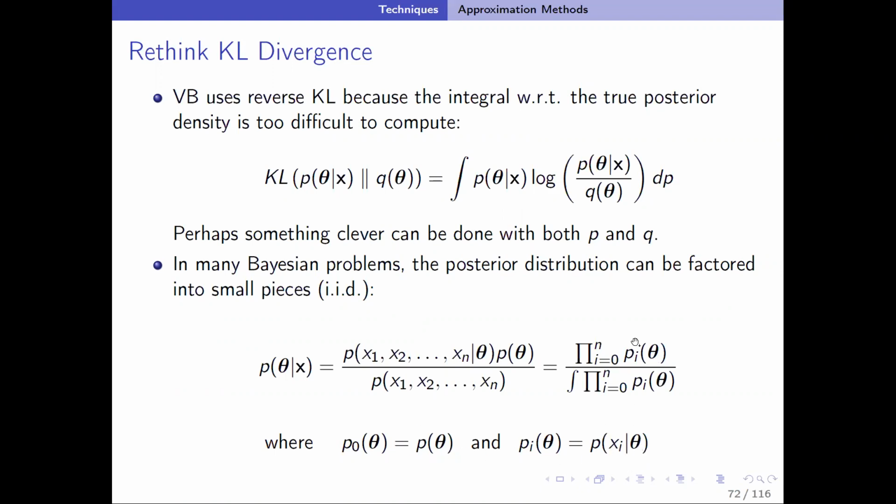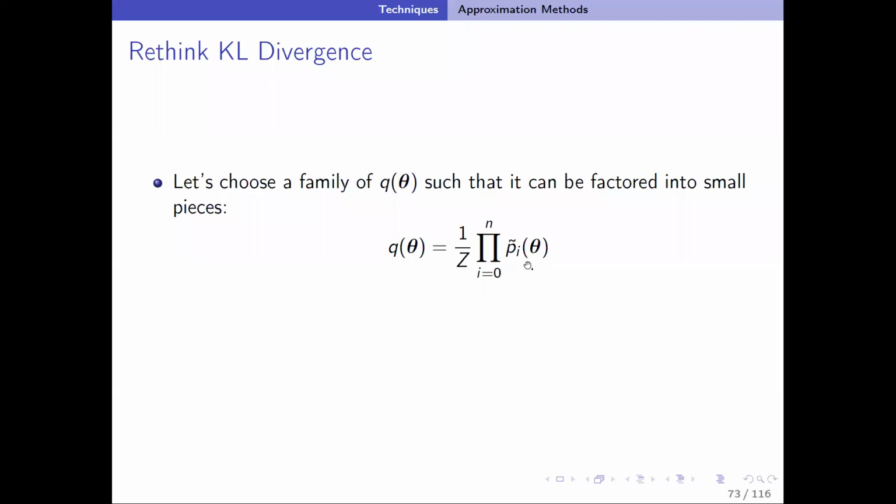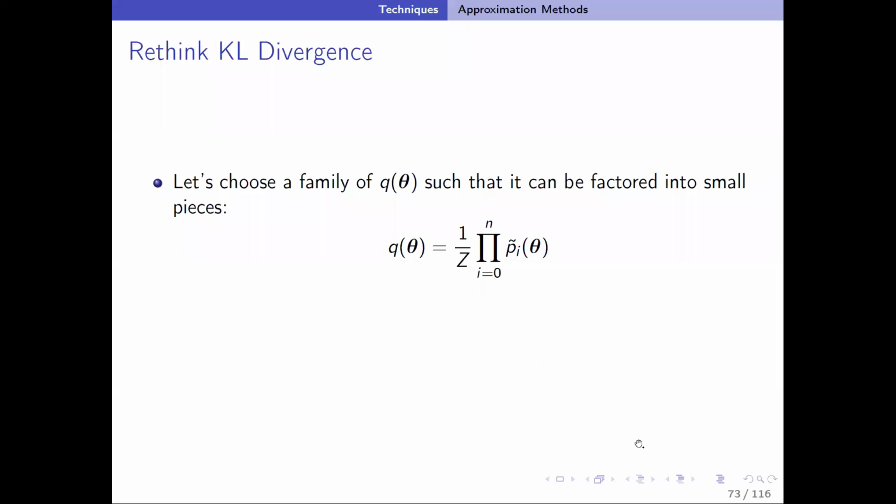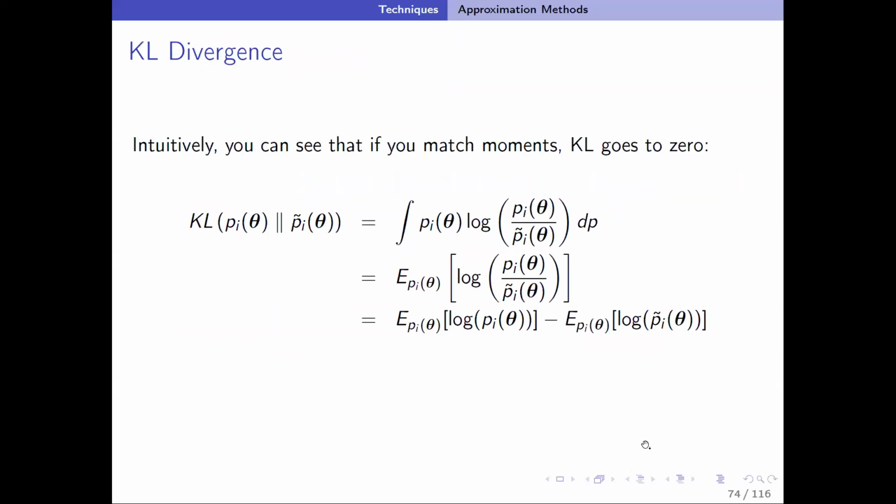Okay, so think of it this way: you have n observations, you have n pieces of the likelihood, and if I can find a function to approximate each piece, then maybe I'm done. Okay, this idea is not entirely new, except it's very difficult to do. Okay, you want to minimize these two pieces. You want to find the expected value of the posterior of this piece to minimize it.